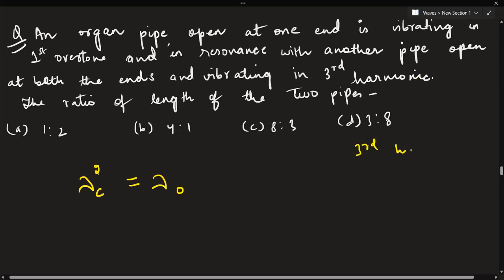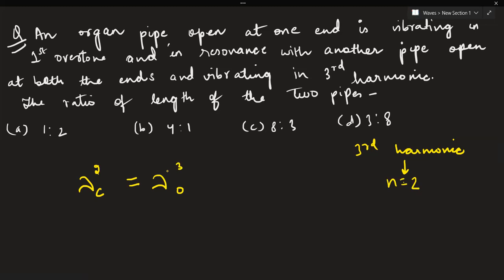And the third harmonic, see, third harmonic means what? Which overtone? Second overtone. So we have to find it for the third one. N is equal to 3 is for the third one.